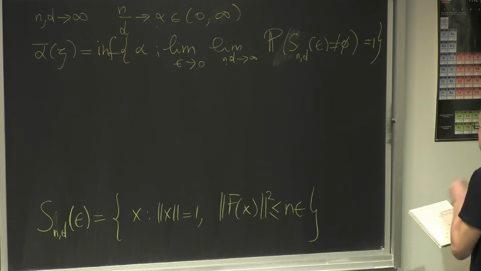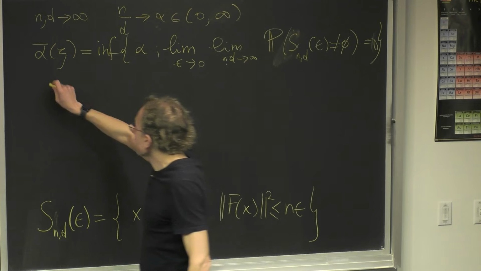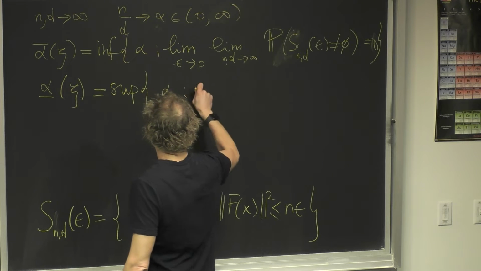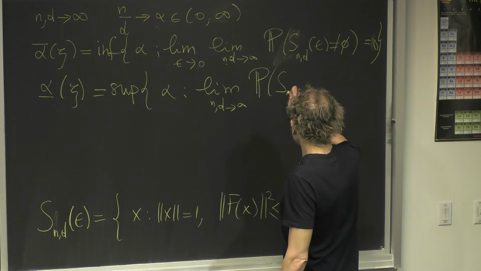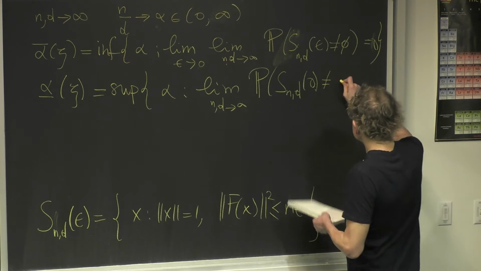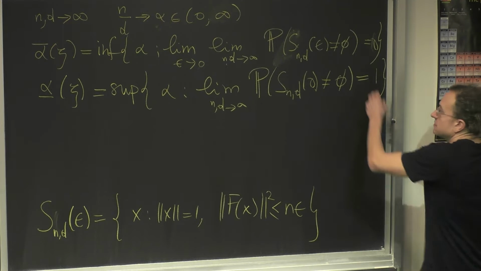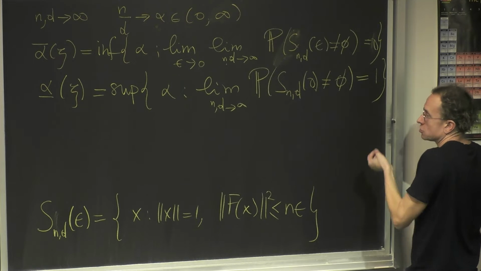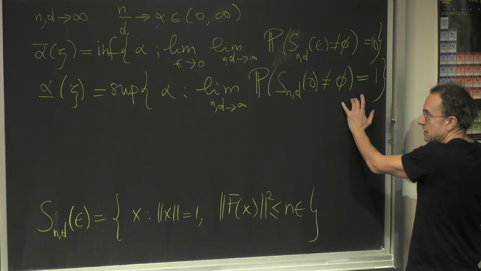Okay, did I do it in the correct order? Okay, so this is the smallest alpha such that with high probability, basically there are solutions, almost solutions, so solutions up to a tolerance epsilon, and then there is the largest alpha.